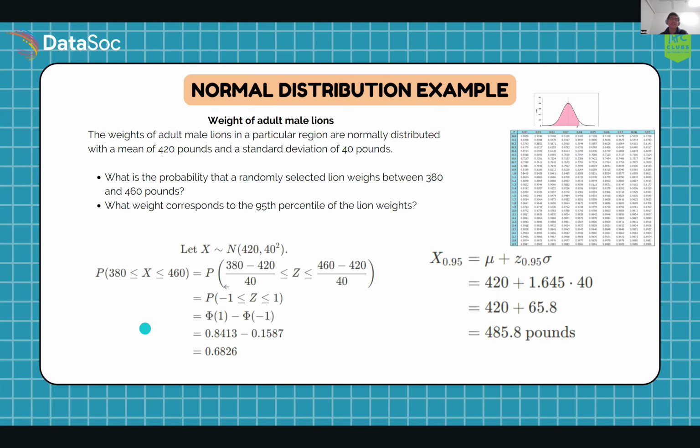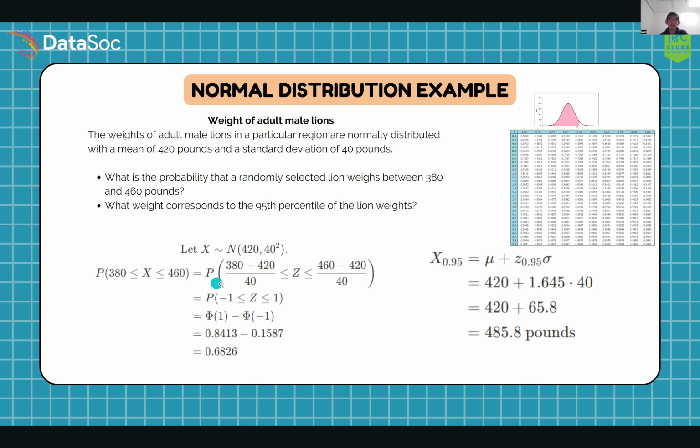So first things first, we want to show what distribution we're using and what parameters. So let's say X is normally distributed with mean 420 and variance 40 squared, which we can calculate by taking the standard deviation squared. And what we're trying to find is the probability that X is less than 460 but greater than 380.